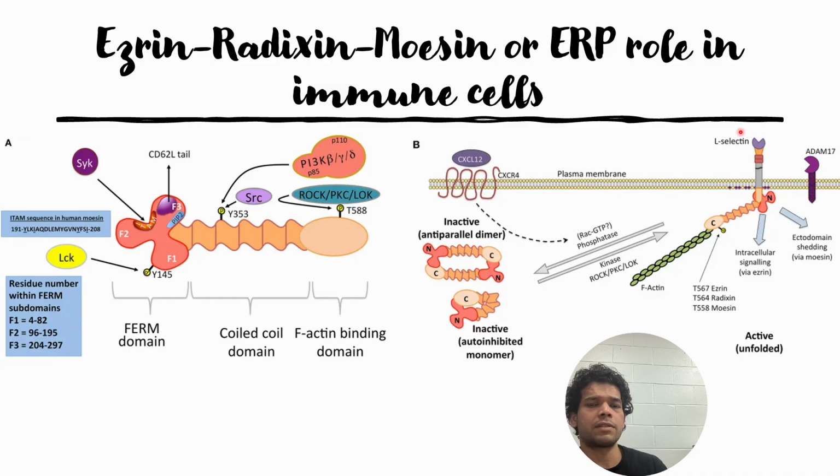And as we have discussed, L-selectins are also present in a bent closed form, which needs to be opened up once the intercellular interactions occur. So this is how the ERM plays a role: its main job, as people consider, is to act as a linker between plasma membrane receptors and the intercellular signalings.